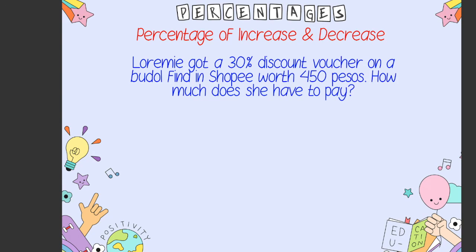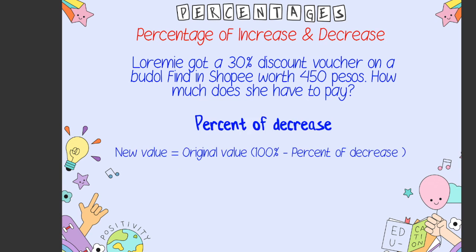Now let's go to our example for percent of decrease. Loremi got a 30% discount voucher on a Boodle find in Shopee worth 450 pesos. How much does she have to pay? Using our formula, we have to substitute. Original value, which is 450 pesos, times 100% minus the percent of decrease, which is 30%.